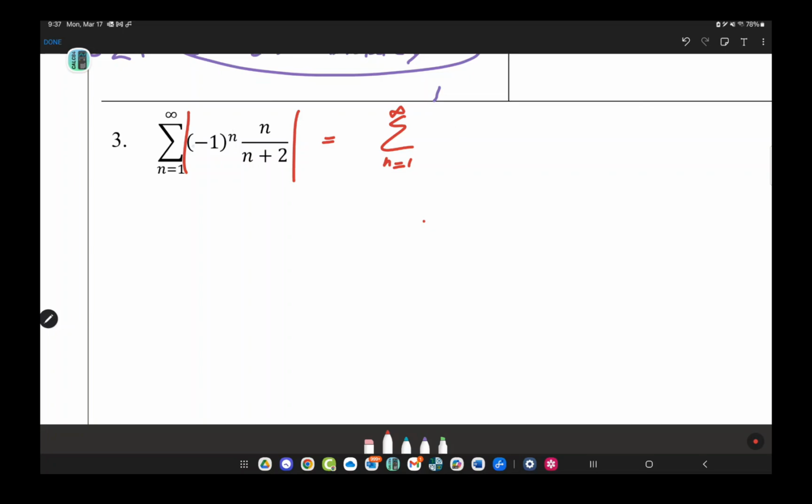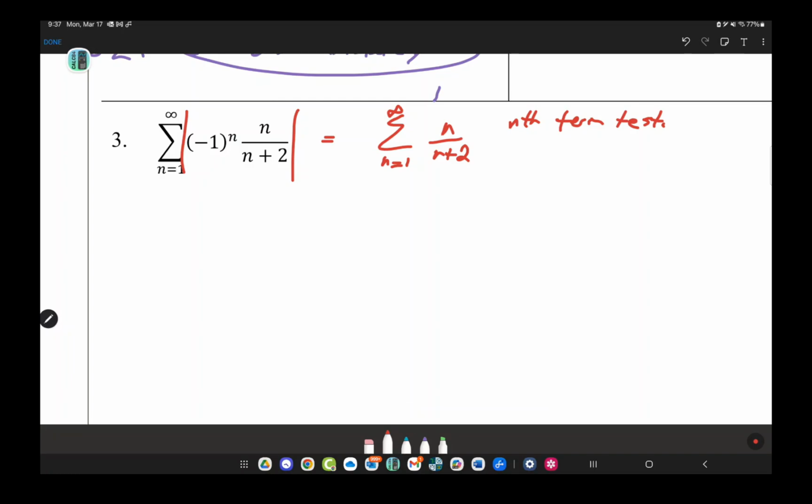So we just have n over n plus 2, in which we do an nth term test. How do I know I'm going to do an nth term test? Because I have a function of n over a function of n.